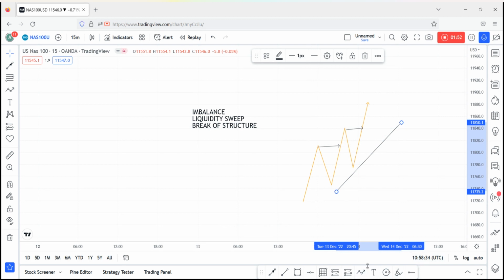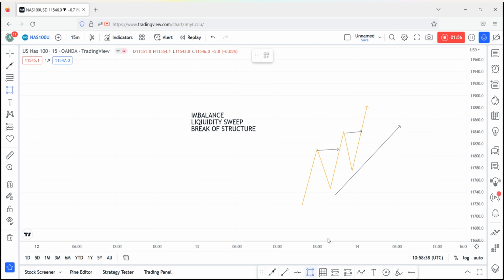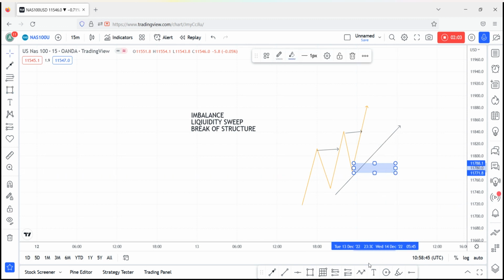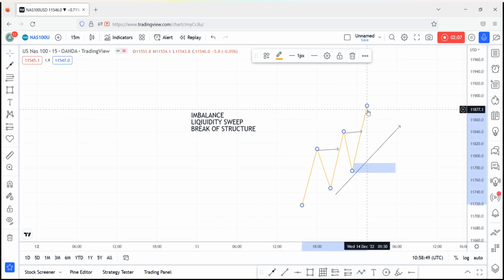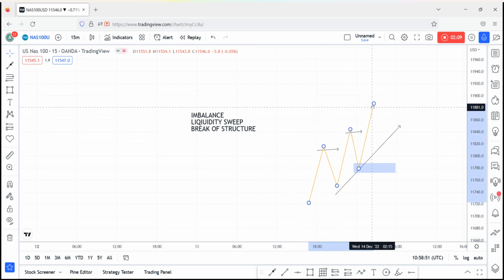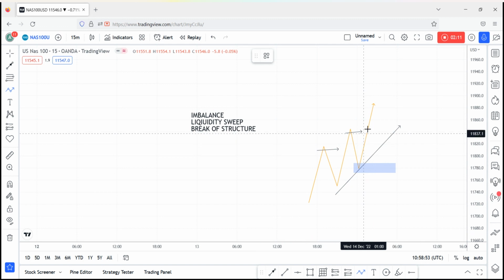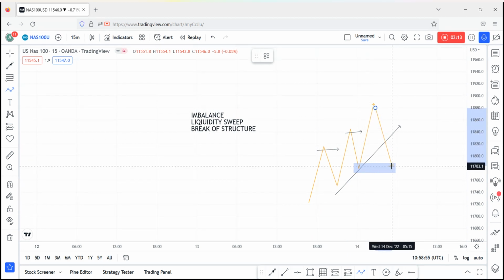And now what happens is they mark this as a demand zone, right? Many of you guys have been doing the same, right? You mark this as your demand zone, and what happens is the market comes to your demand zone, mitigates your demand zone, shows some reaction and then goes to the downside.